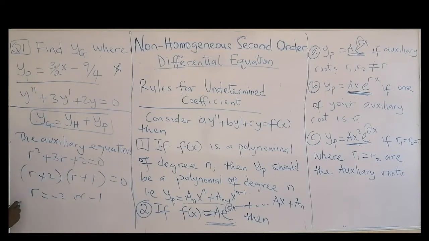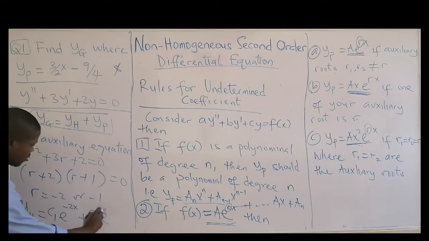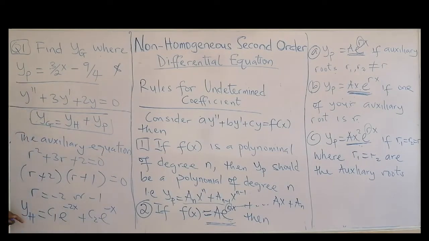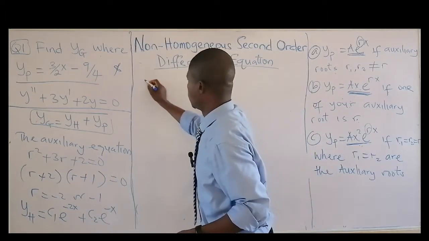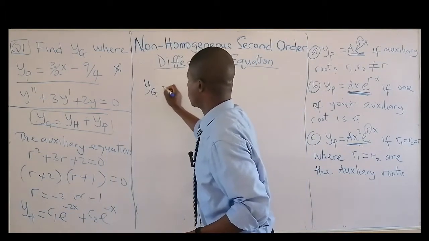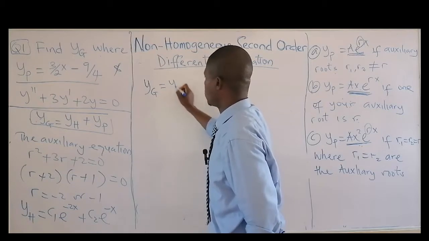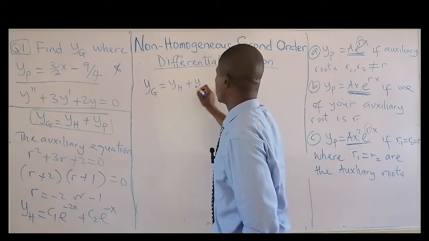So the homogeneous equation will be equal to what? C1 e to the minus 2x plus C2 e to the minus x. So I've gotten my homogeneous equation, so I can get the general equation. That will be equal to YG equal to YH plus YP.